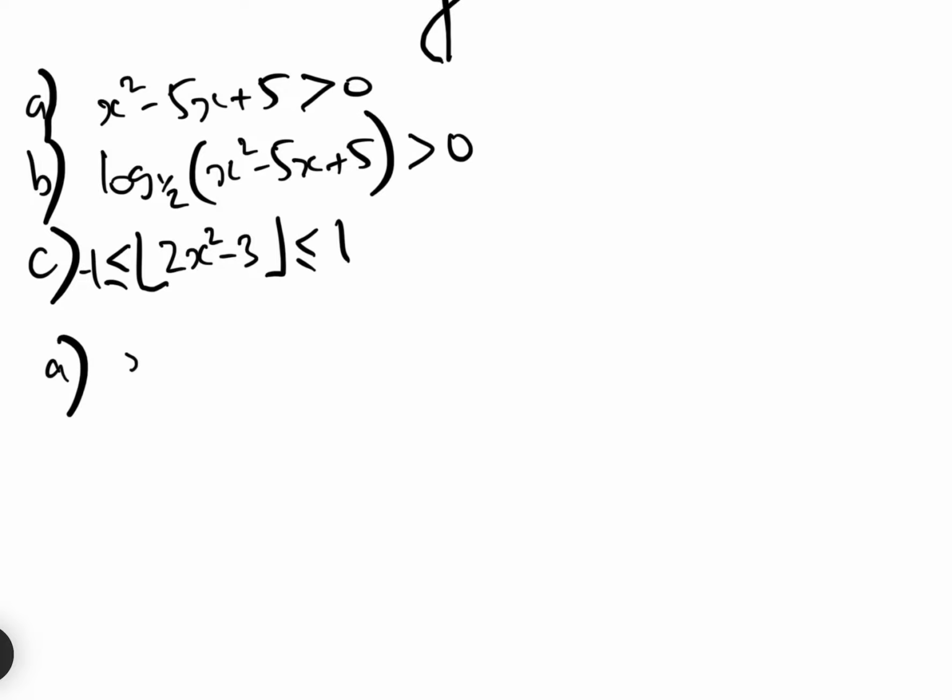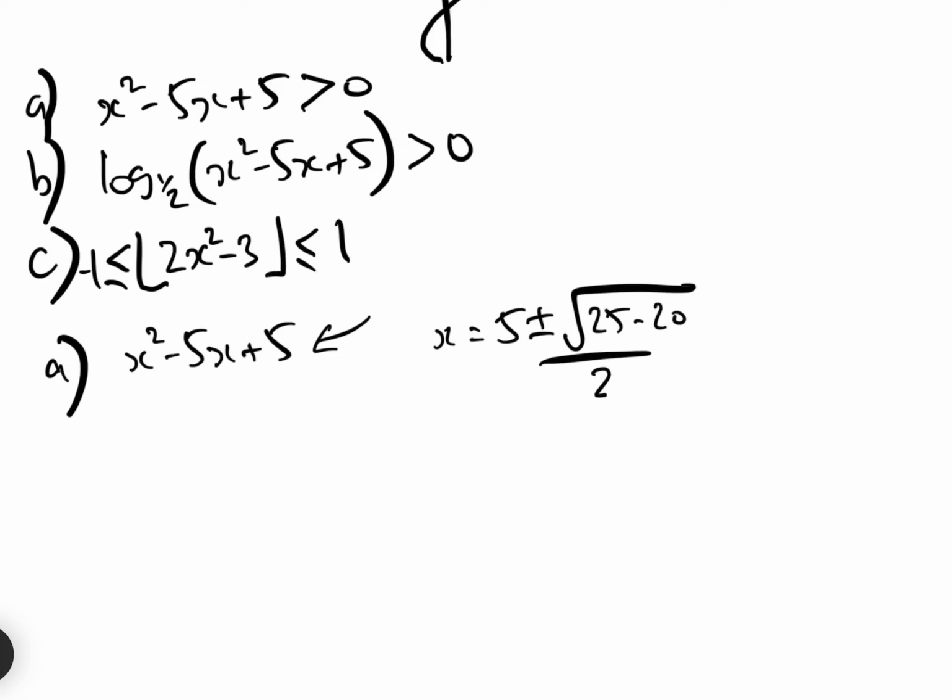A: x squared minus 5x add 5 has got to be greater than 0. Well, we can solve this. Let's just do x squared minus 5x add 5 equals 0. Using the quadratic formula, x equals minus b plus or minus the square root of b squared minus 4ac over 2a, which is 5 plus or minus root 5 over 2.